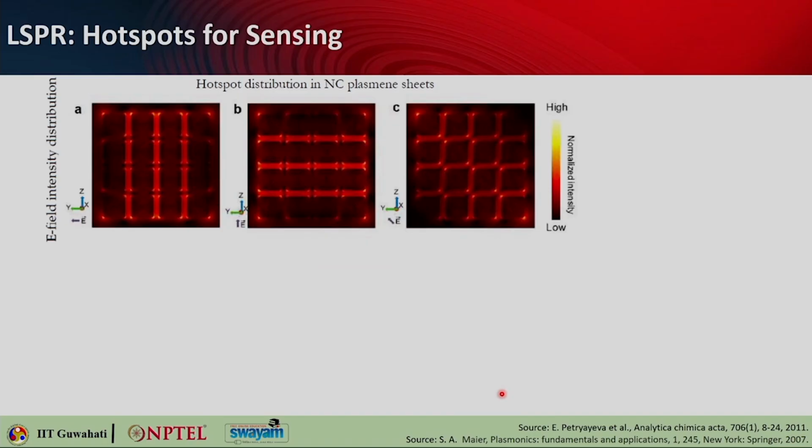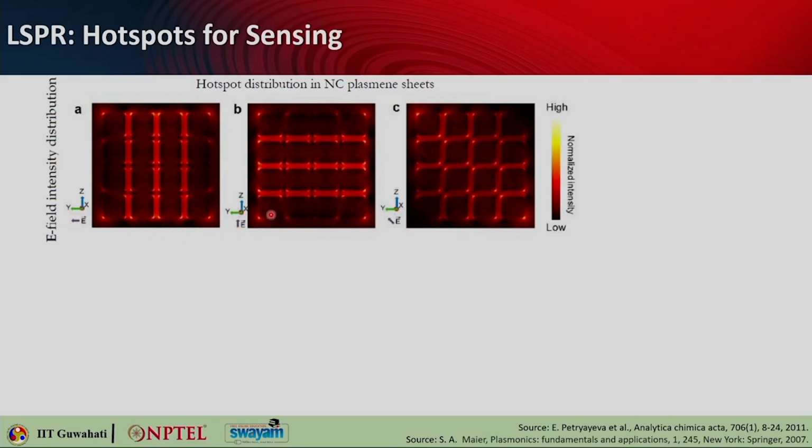Now you can see the importance of this plasmonic sheet. If you take this plasmonic sheet and have the electric field polarized along this axis, you will feel all these hot spots. So, you can do sensing of very tiny, even femtomolar amounts of molecules or atoms.